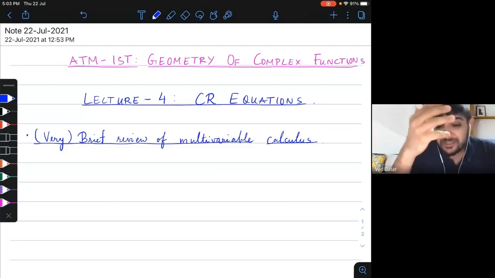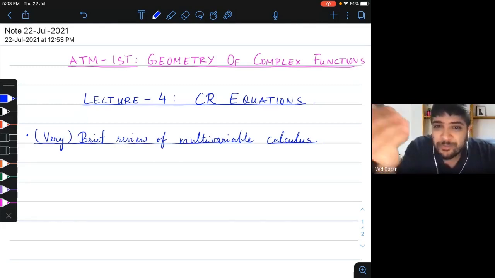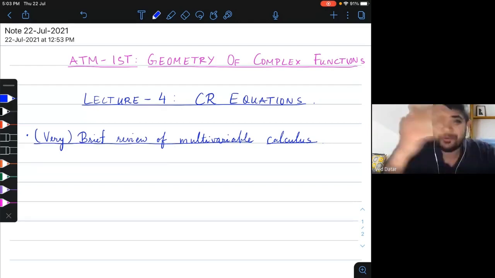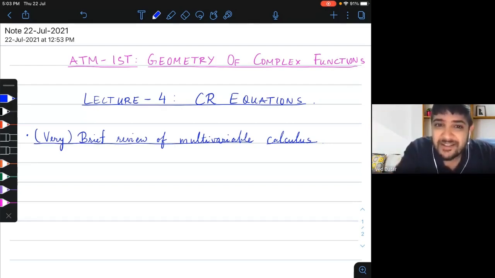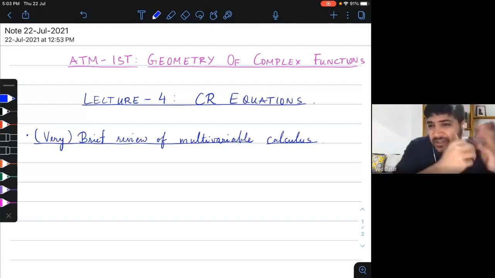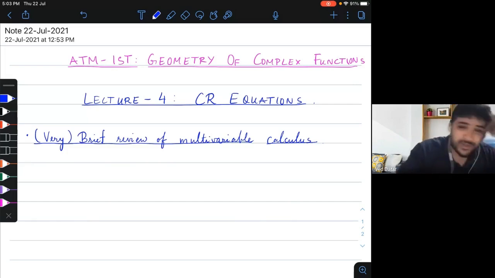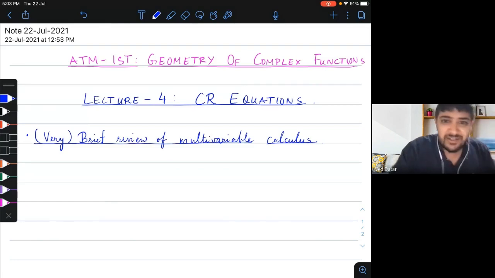And for maps between Euclidean spaces of arbitrary dimensions, there is already a notion of differentiability that we learn in multivariable calculus. So it's a natural question to ask: how is that differentiability related to holomorphicity?